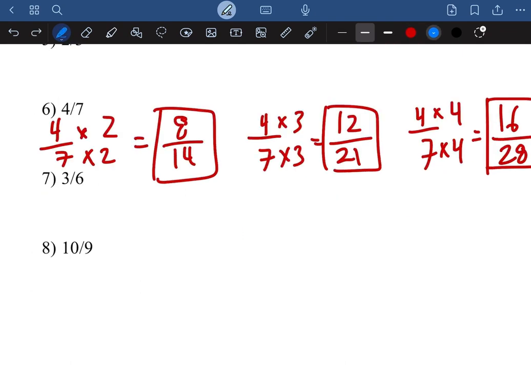So 3 over 6, for this one, we can divide the top and bottom by 3. So they're both divisible by 3. 3 divided by 3 is 1, and 6 divided by 3 is 2. So an equivalent fraction to 3 over 6 is 1/2.